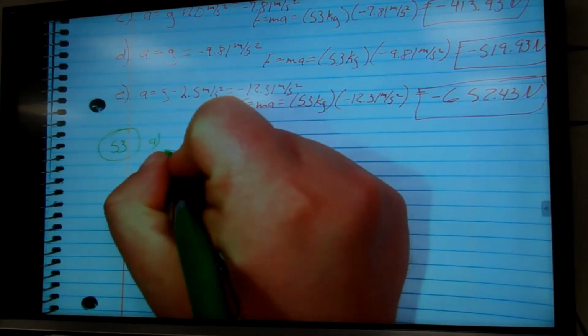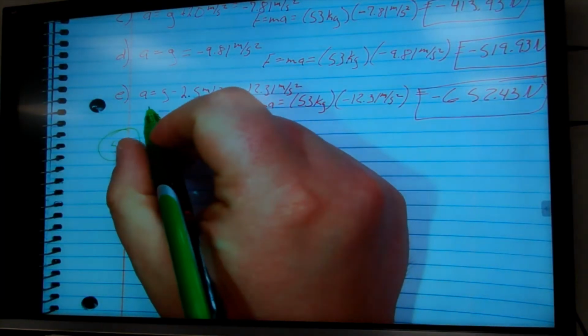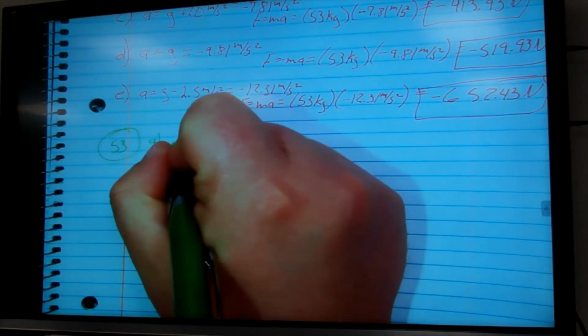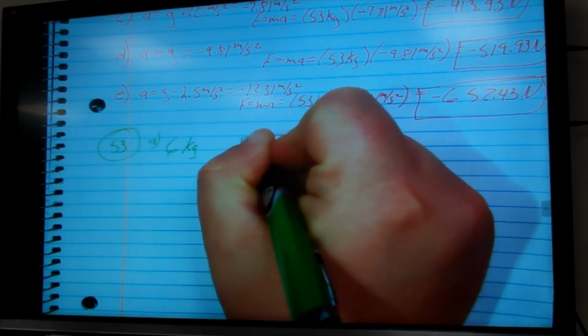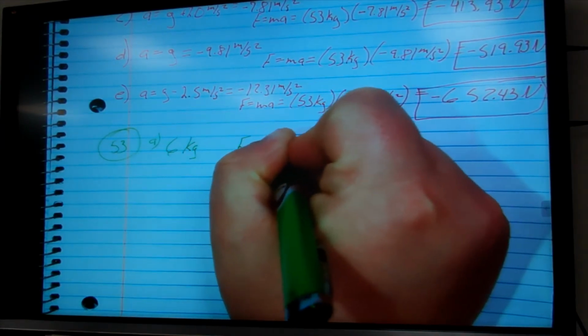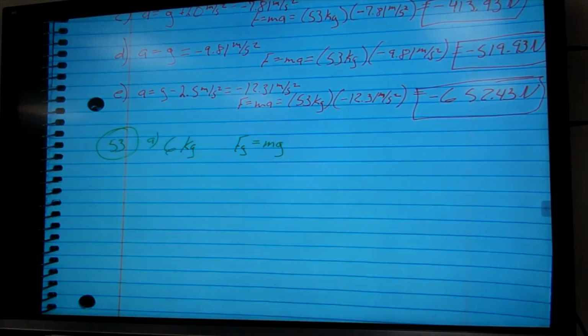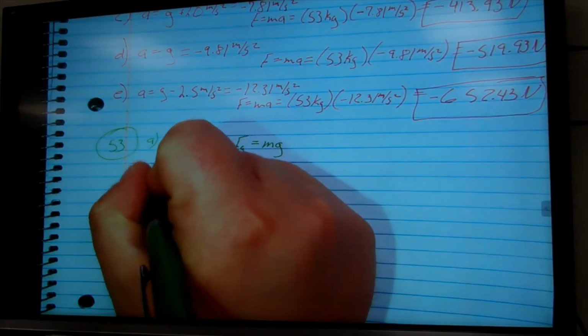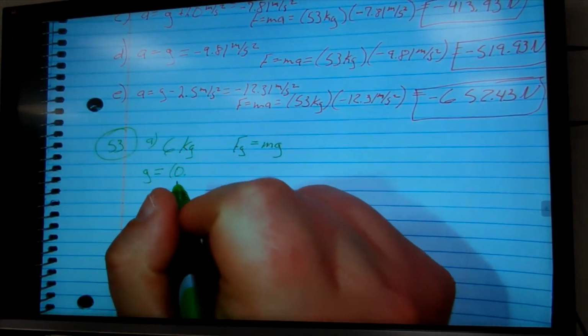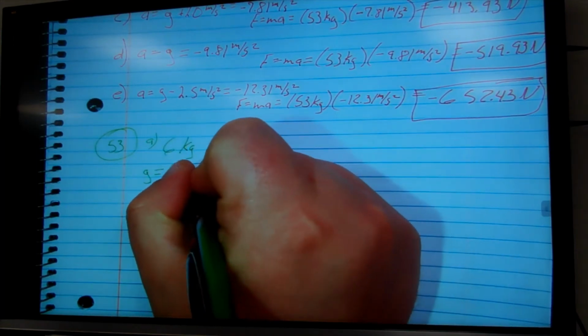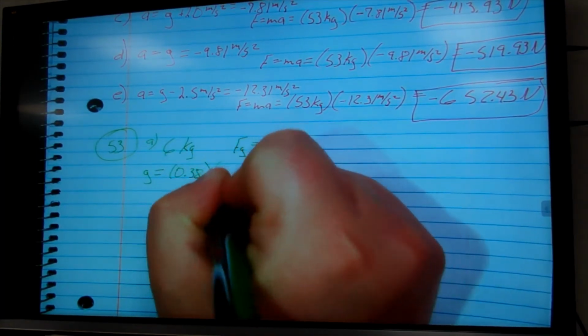Alright, so for part A, we have a 6 kilogram mass, and we're just trying to find its weight, so the force of gravity is equal to mass times gravity. But the key is the gravity of Mercury. We had to find the new gravity value, and it's 0.38 times that of Earth's gravity.